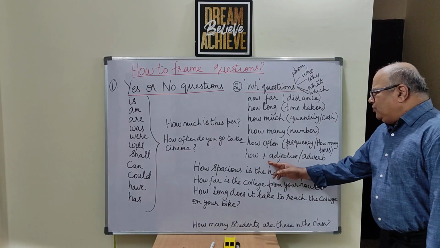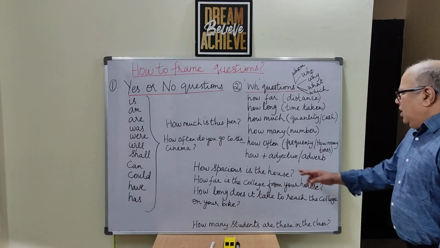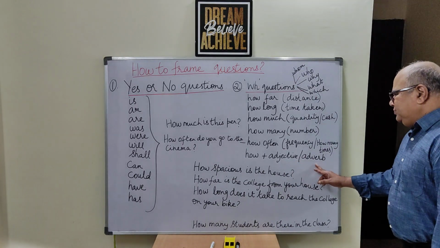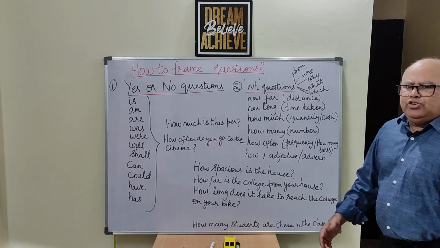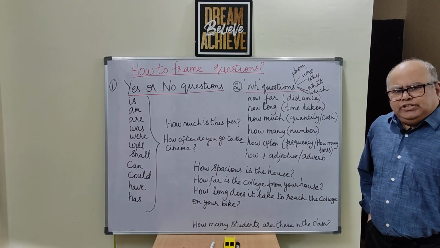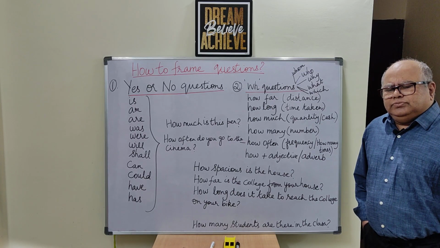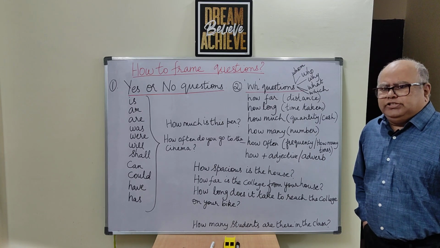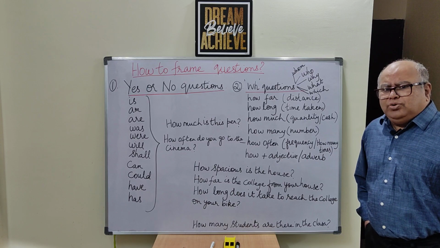Okay. Look at the next one. How plus adjective or adverb. Okay. How spacious is your house? Is it very spacious? How spacious? How beautiful is this flower? How beautiful? How good is he?